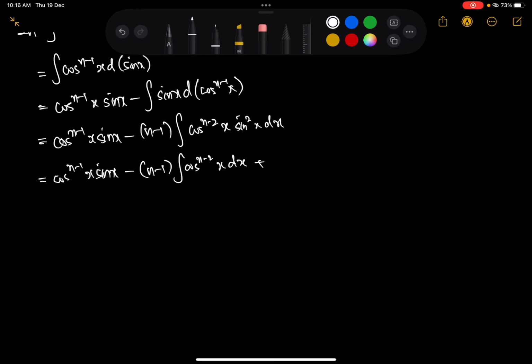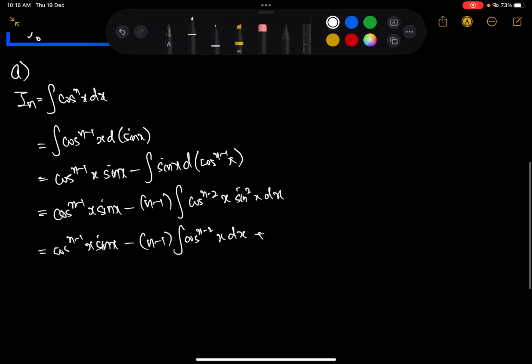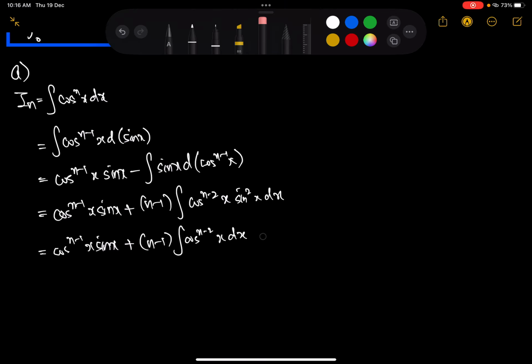plus, wait, the signs are wrong, so cosine differentiates, gives negative sign, so that should be pluses. Obviously this one is minus n minus 1 cosine squared x times cosine n minus 2 x, which is cosine n of x dx.